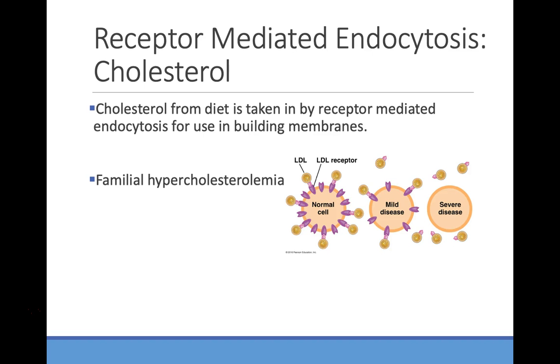Cholesterol is brought in by receptor-mediated endocytosis. And in this process, it has specific receptors for LDL cholesterol. So this is our good cholesterol. And in a normal cell, the cell has these receptors on the outside. The cholesterol binds and eventually brings it in.